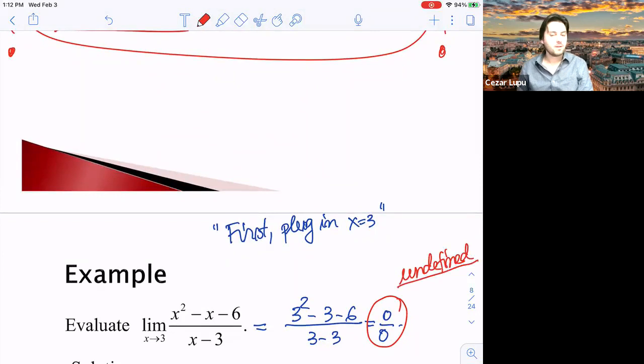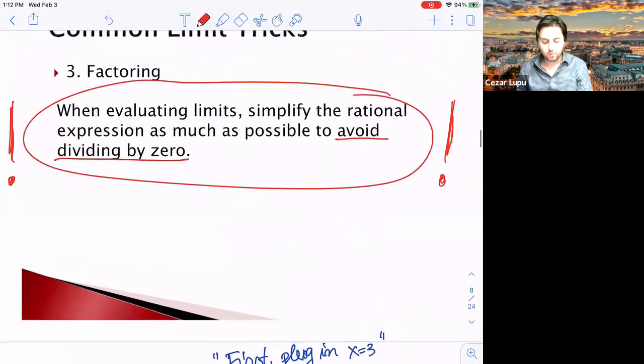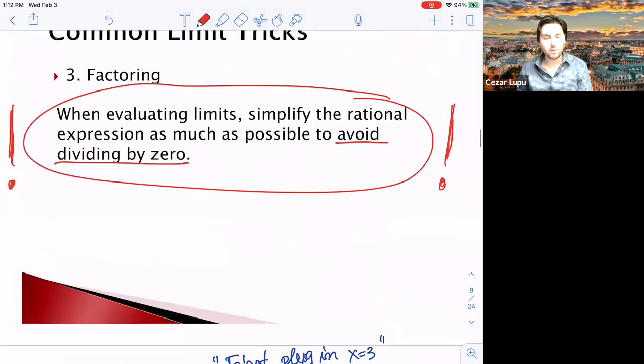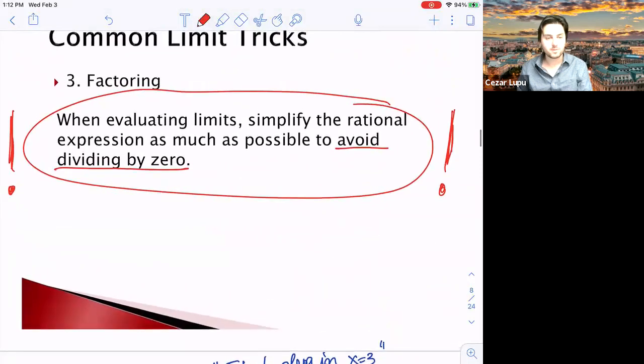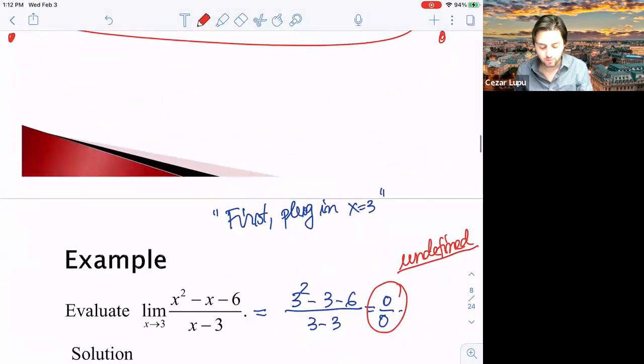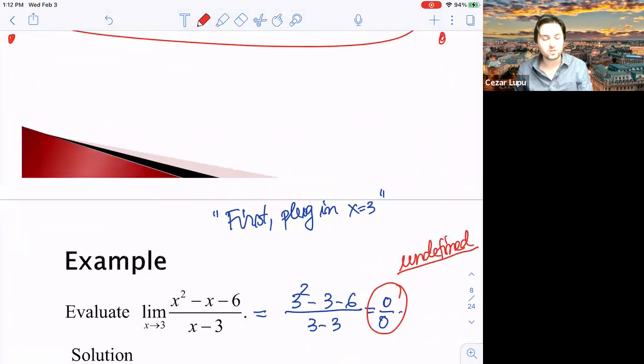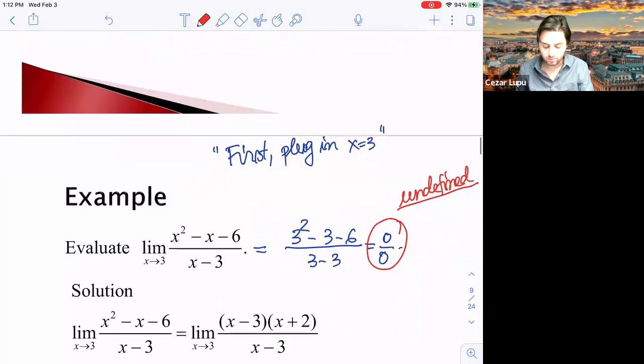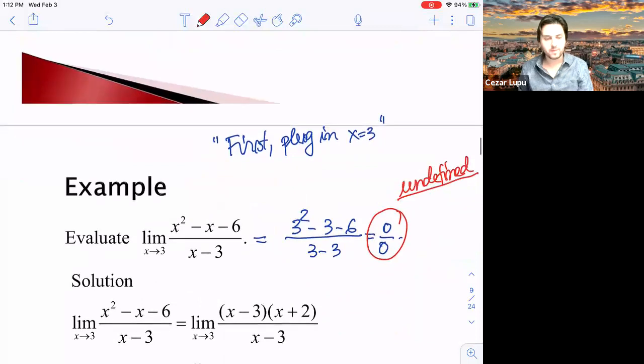Well, what did we say previously? We want to simplify the rational expression as much as possible to avoid dividing by 0. In other words, maybe there is a way for us to express the top in terms of the bottom. Maybe we can factor the top, and that's exactly what we're going to do. Indeed, we can factor x squared minus x minus 6 as x minus 3 times x plus 2.